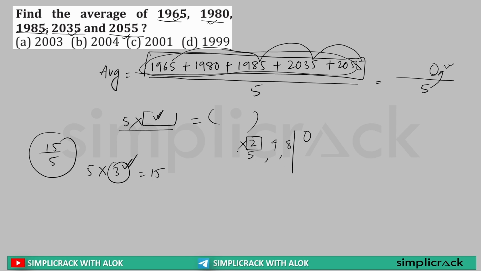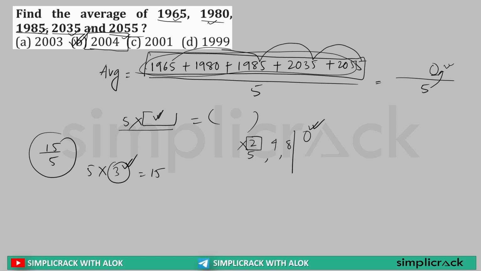Yes or no? Because 5 2s are 10, so 0 will come as the unit digit. Sir, 5 4s are 20, 0 will come in the unit digit. Sir, 5 8s are 40, 0 will come in the unit digit. Yes or no, sir? So now only one option, that is 2004, has only 2, 4, 8. Out of this, only one number is there. So the option is, sir, option B.